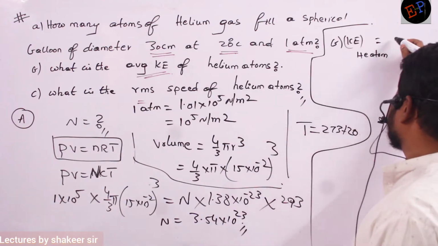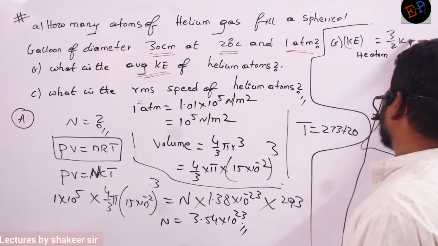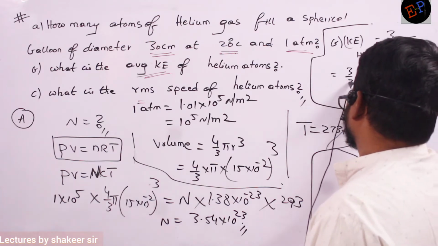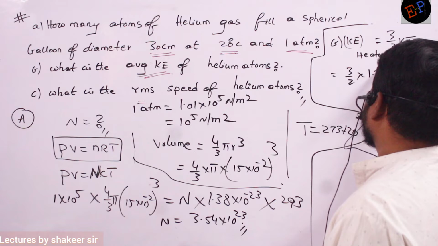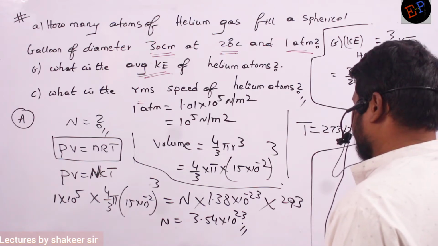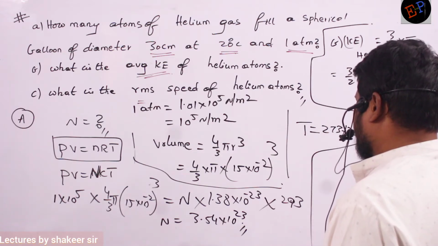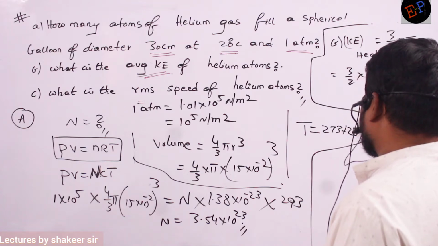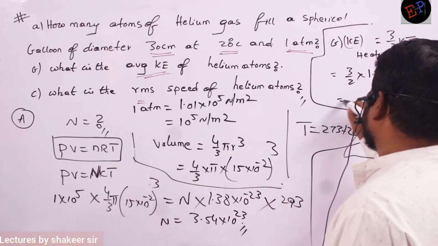So substitute here: 3 by 2 multiplied by k into T. So 3 by 2 multiplied by the k value, 1.38 into 10 power minus 23, multiplied by temperature, 293.